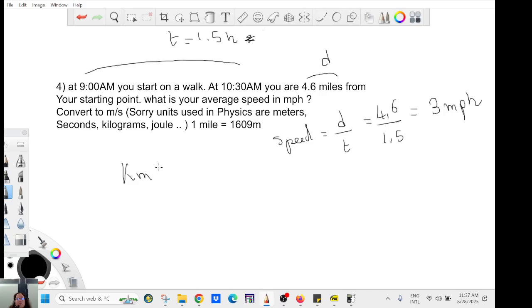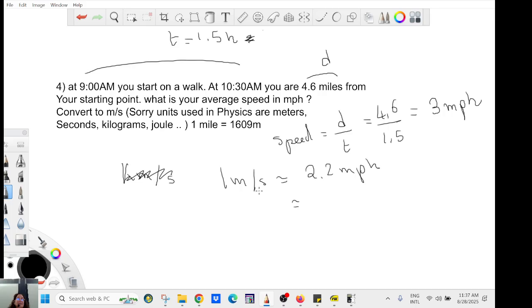Let's go to kilometer per second first. What did I tell you last time? I say, look back in the slide. 1 meter per second, is it about 2.2 miles per hour? Okay, so that's easier to remember, so you don't have to do all those conversions.